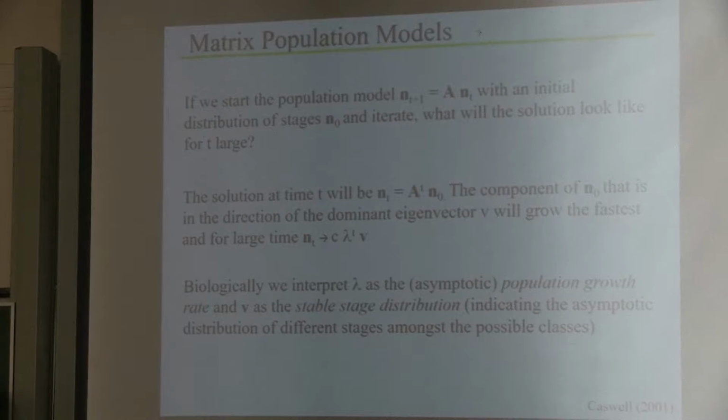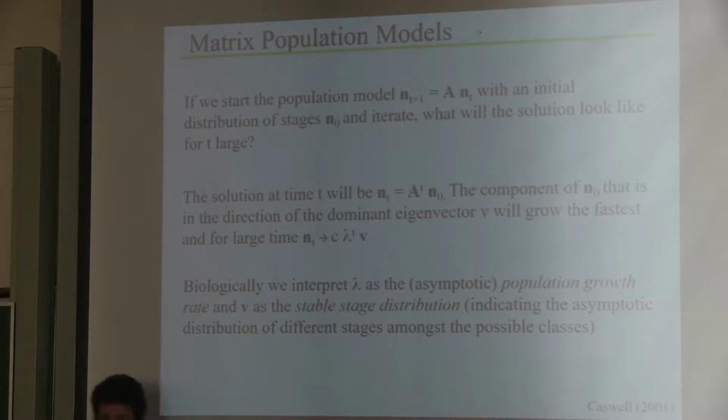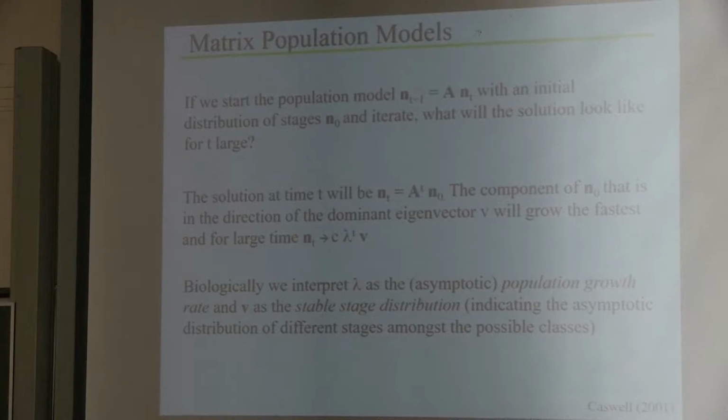This is the key for eigenvalue analysis for either invasive species or endangered species. We take our matrix, make sure it's primitive, and then we interpret lambda as the asymptotic population growth rate, and v has a biological interpretation as what's called a stable stage distribution.